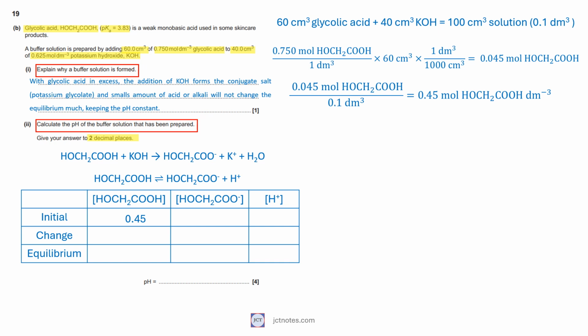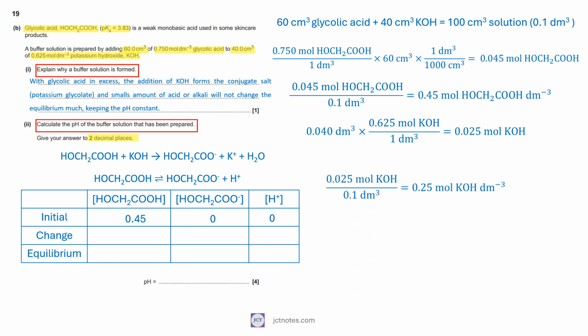I add this number in the table. For calculation purposes, we consider that we start with 0 glycolate and 0 protons. We now check the change when we add the potassium hydroxide. As we are adding 40 cubic centimeters of a 0.625 molar solution, we can calculate that we are adding 0.025 moles.